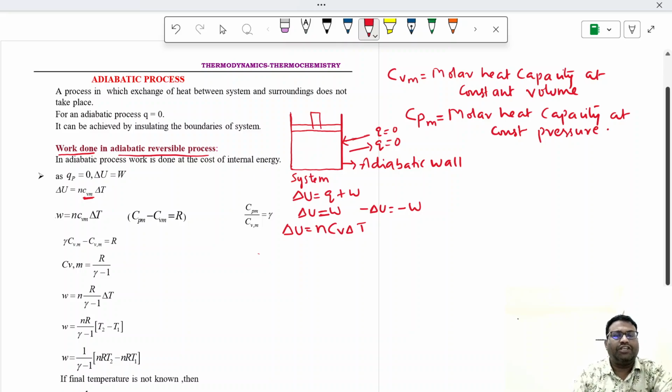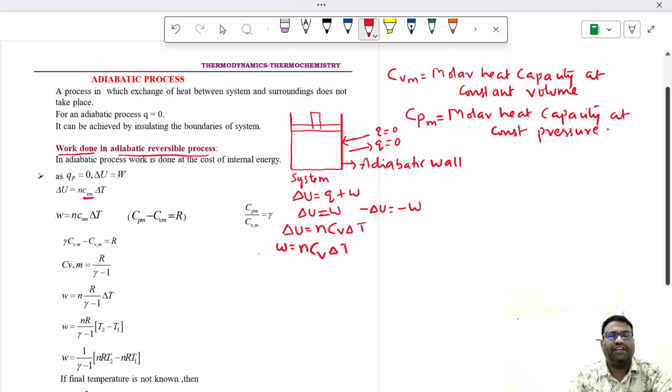Okay. So here n is number of moles, Cv is molar heat capacity at constant volume, and delta T is change in the temperature, right? So as delta U is equal to W, I can write W is equal to n Cv delta T.